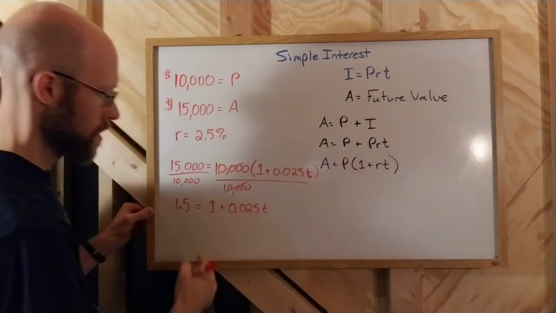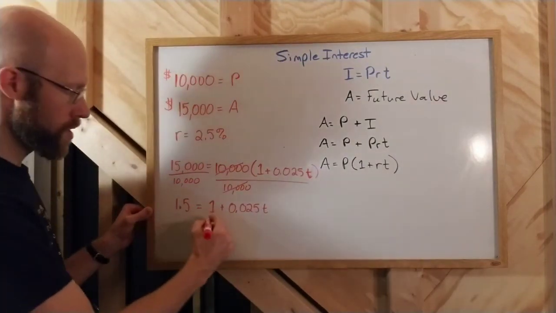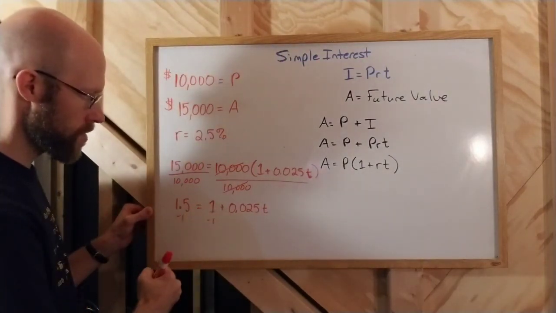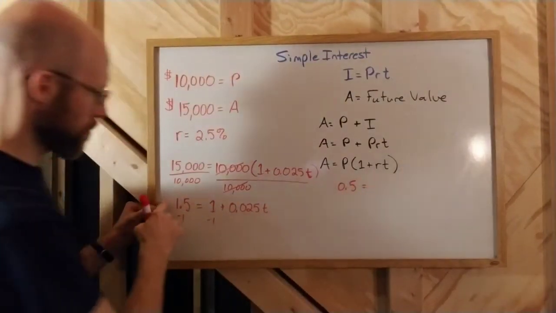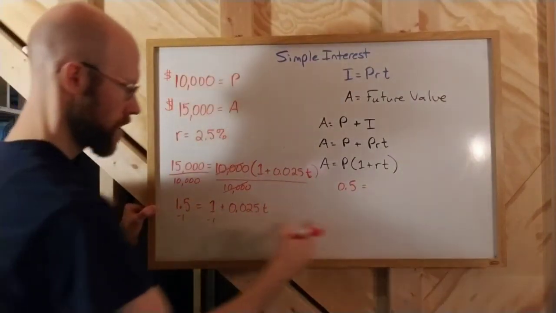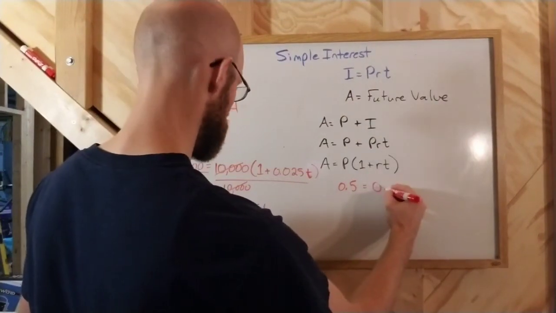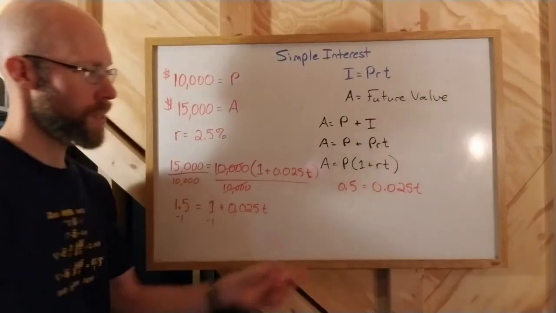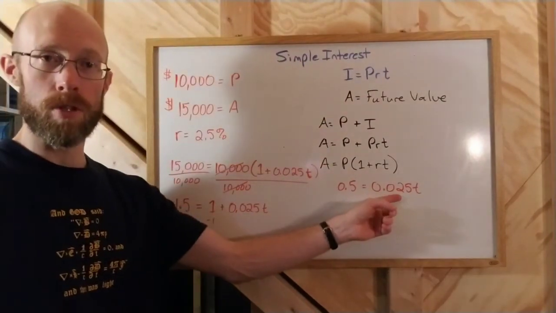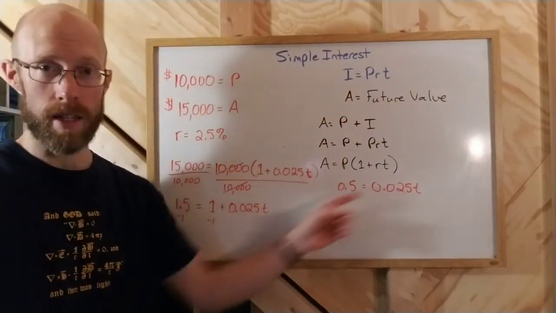0.025t. I want to then get rid of the 1, so I'm going to subtract the 1 from both sides. Take it over here, that's 0.5. Right, 1.5 minus 1 is 0.5, is equal to 0.025t. And then I'm going to divide out by the 0.025 because I'm multiplying the t by it.